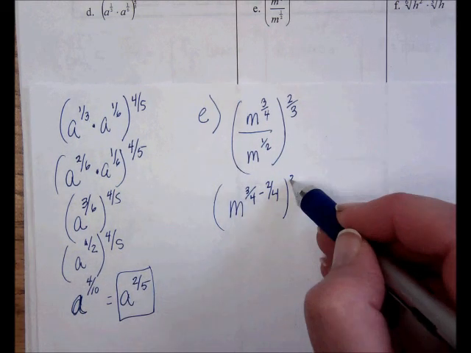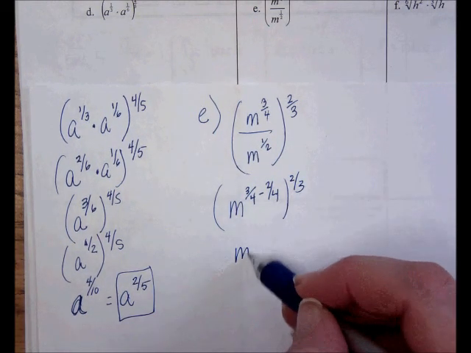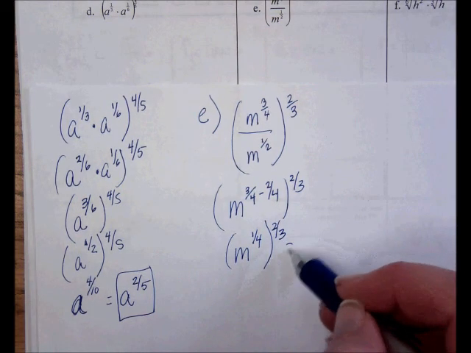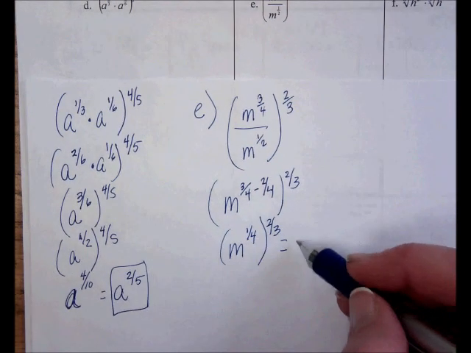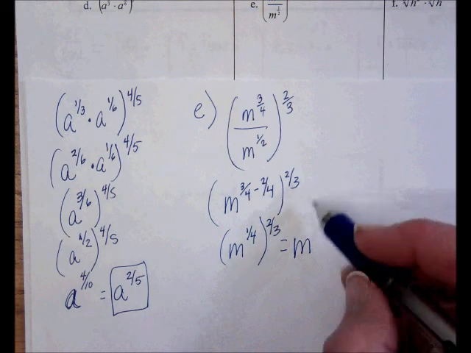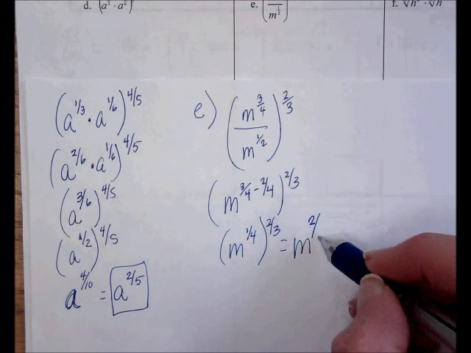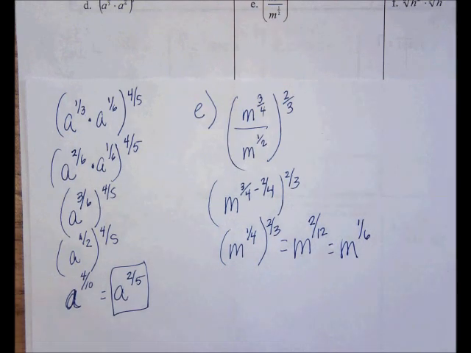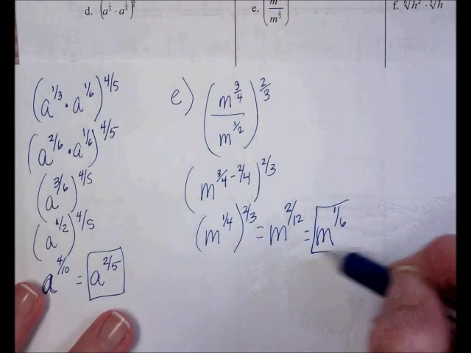But I still have to take that to the 2/3 power. So I have m to the 1/4, and I'm going to take that to the 2/3 power, and I have to multiply power to power. It's going to equal m to the 2/12, which is equal to m to the 1/6 power. And that's your final answer there.